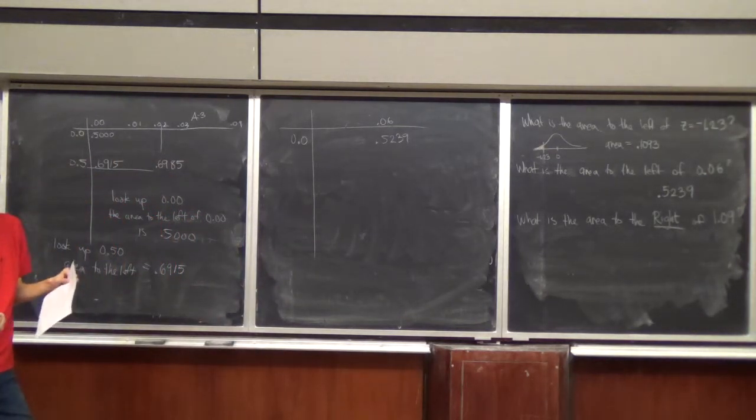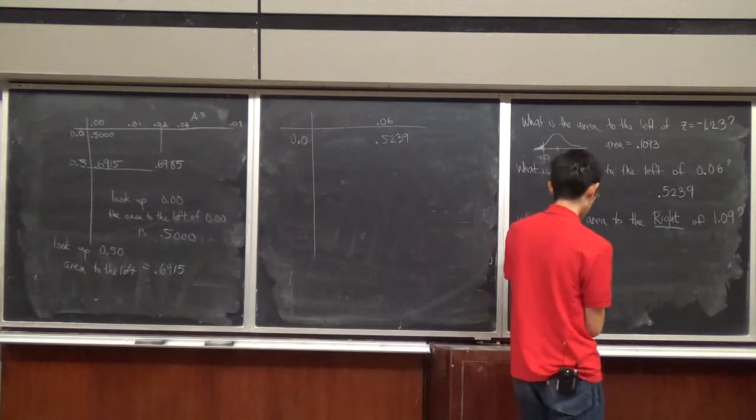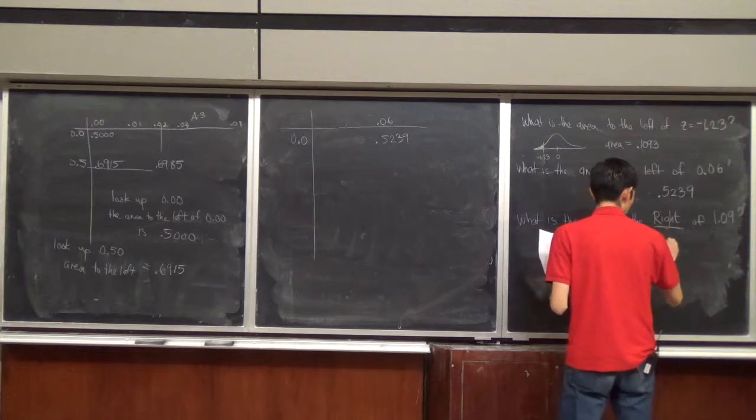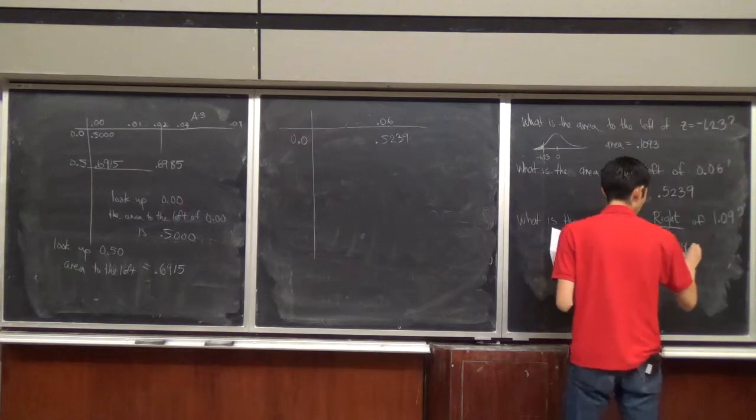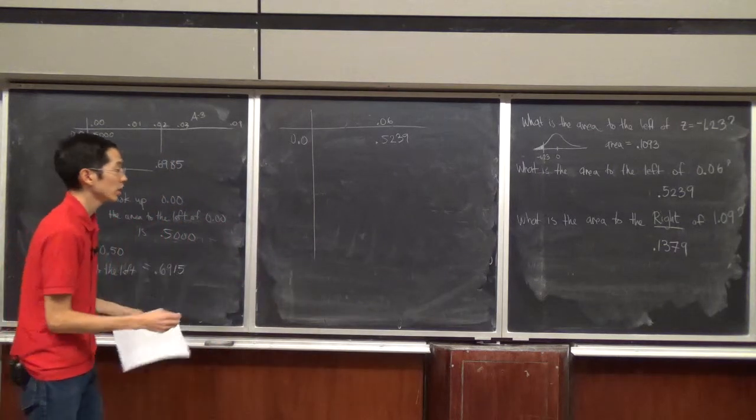Okay, what is the area to the right of 1.09? The answer is 0.1379, but the table gives 0.8621. So how am I getting that?